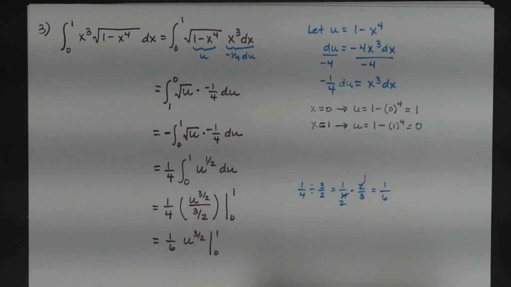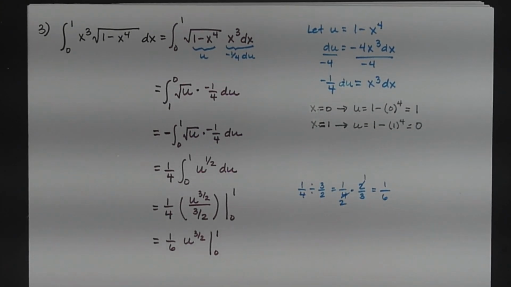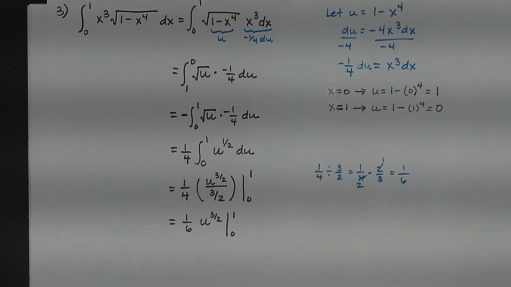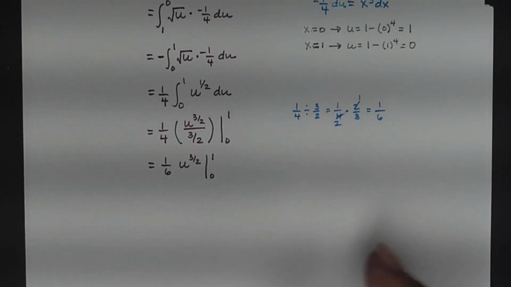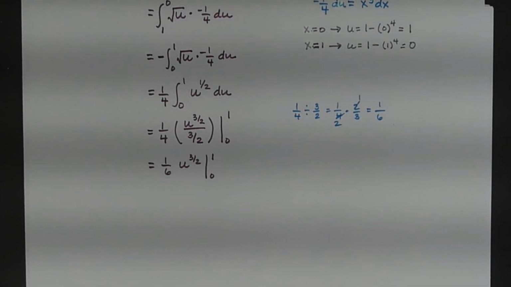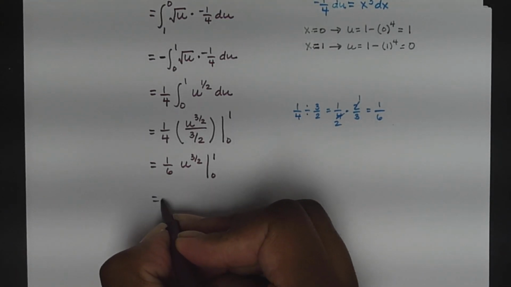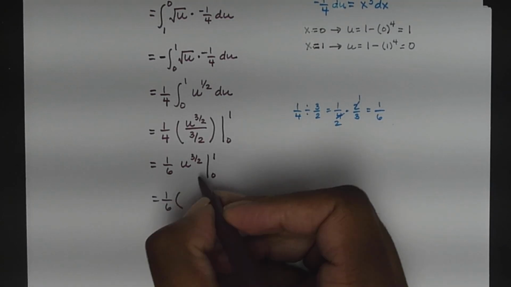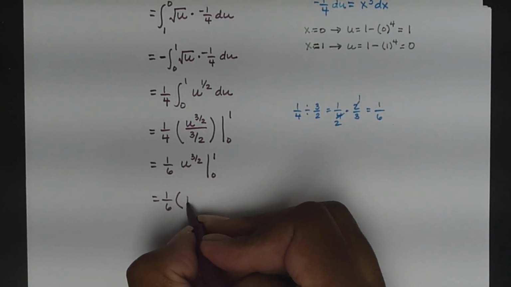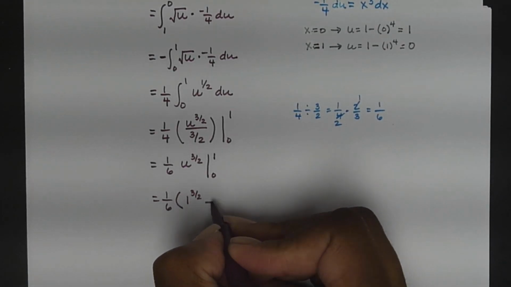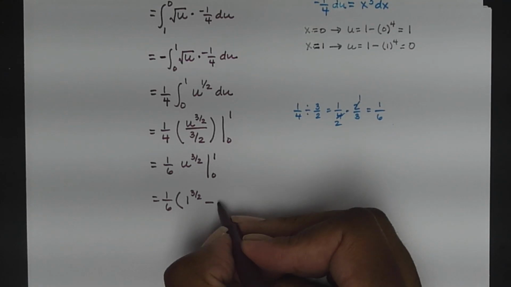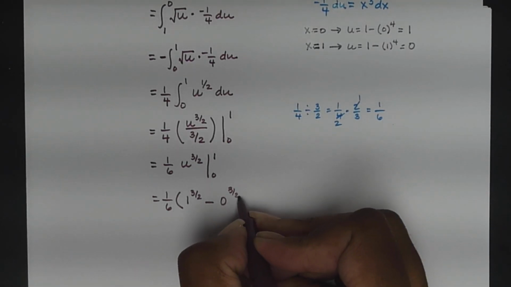And I'm going from 0 to 1. So here I can go ahead and do my substitution of the upper limit minus the lower limit, since they are limits for u. Okay, so I'm going to have 1/6 times my upper limit 1, so this will be 1 to the 3/2 minus my lower limit, which is 0, so it's 0 to the 3/2.